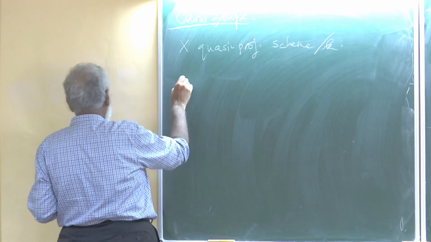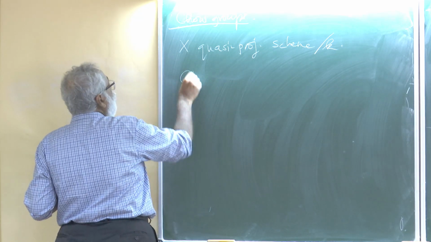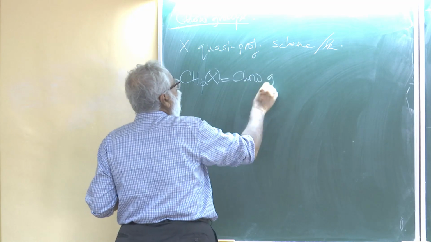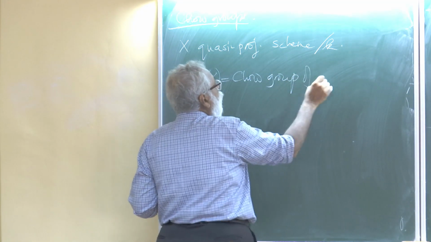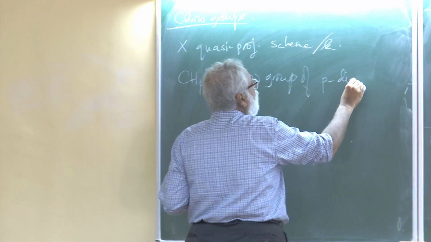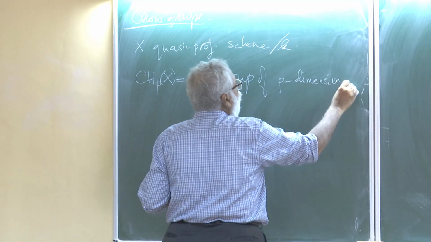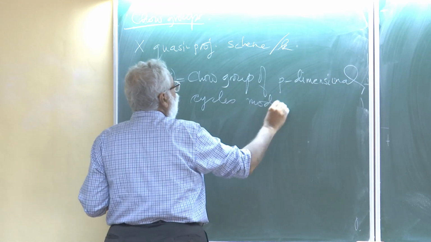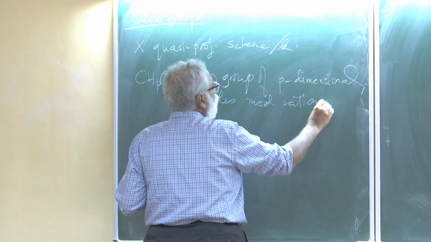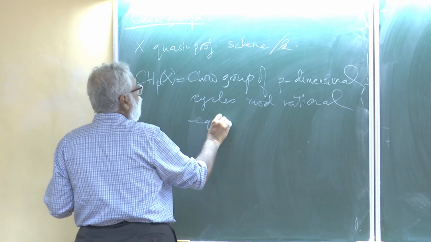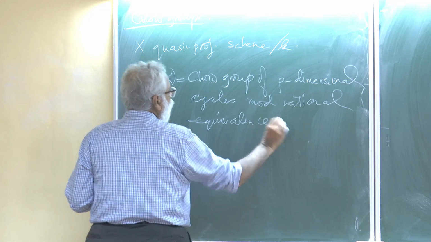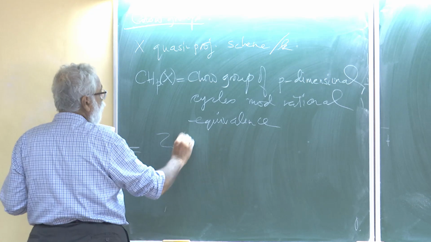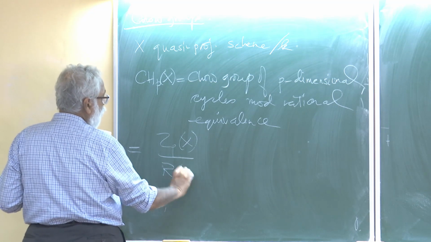So then we talk about Chow group A_p(X), equals the Chow group of p-dimensional cycles mod rational equivalence, right? That's defined as Z_p(X) mod R_p(X).